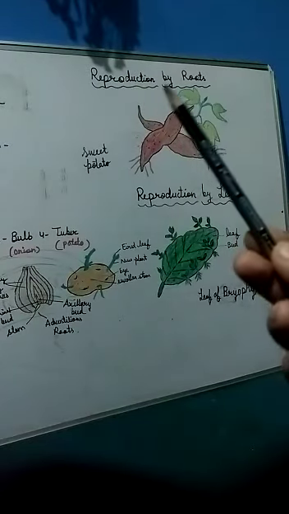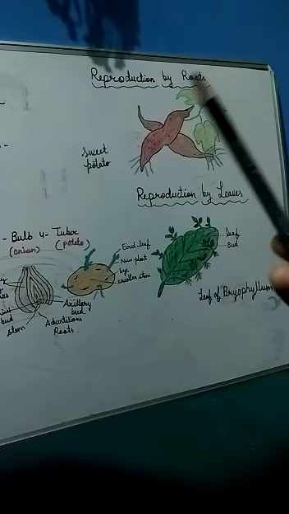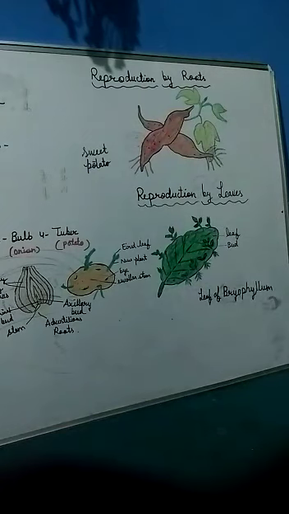Now the next one is reproduction by roots. You know that the roots of plants normally do not bear buds, but some plants have modified thickened roots which bear buds. This is the sweet potato, and it has modified roots which store food, called root tubers.